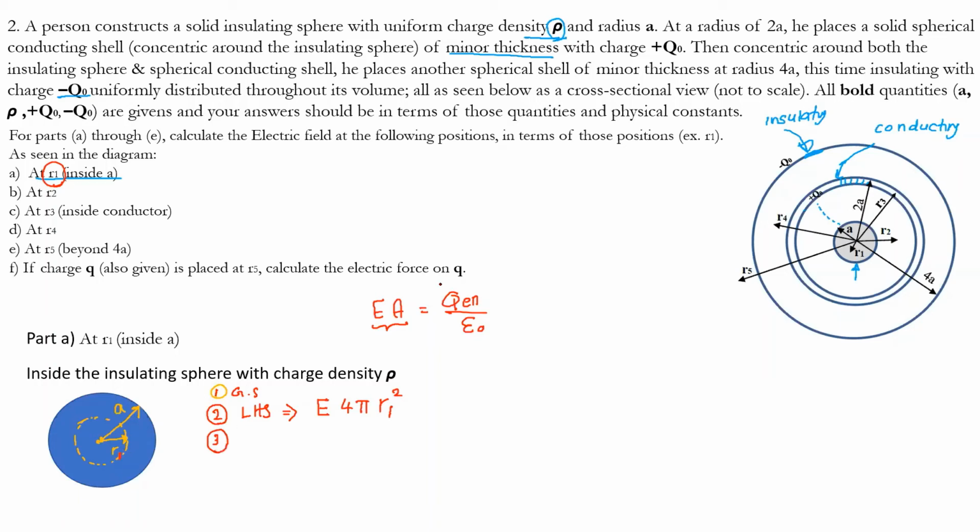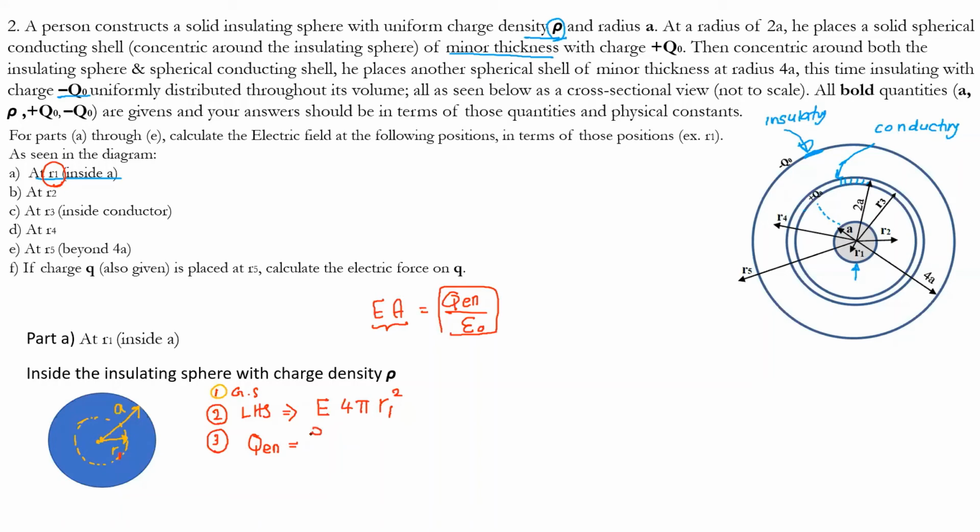Third part is figuring out this side, that is finding the enclosed charge. So how to find the enclosed charge? Enclosed charge is what is inside this Gaussian sphere. They have directly given us rho, right?